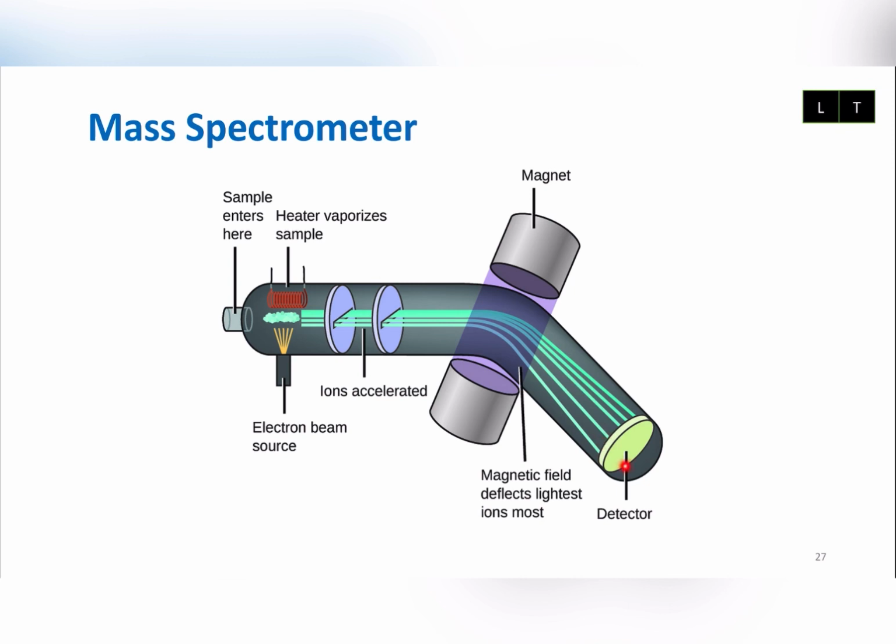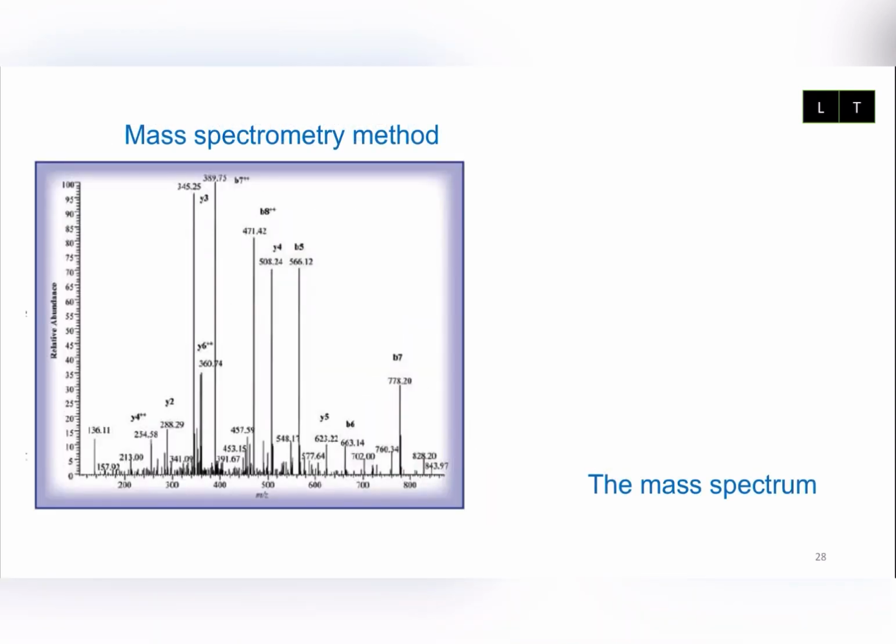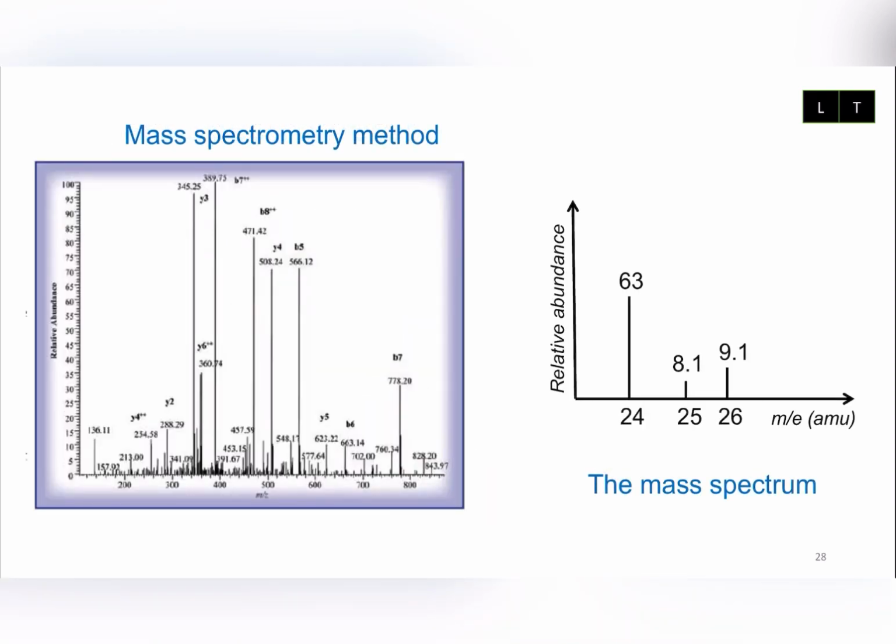Then you have a detector here. At different points, you will detect each of these isotopes at this detector. The more ions that hit a certain part of the detector, the more of that type of isotope there is in nature. Then you can generate a chart that looks like this one. Sometimes it will be labelled as atomic mass for the x-axis and relative abundance for the y-axis.